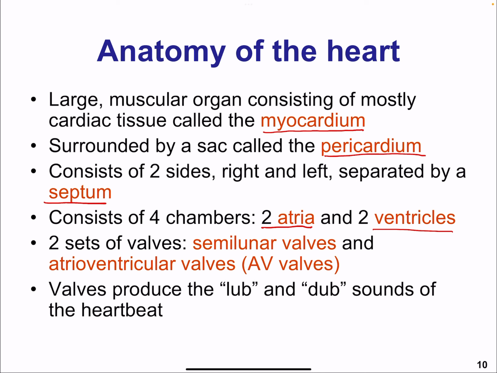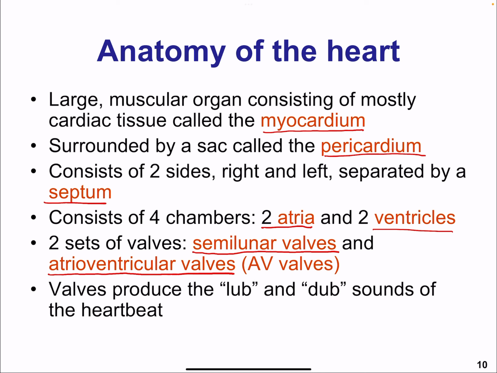Between the atria and the ventricles, you are going to have some valves. These valves are called the atrioventricular valves. Atrium, ventricle, and valves, right? And now, leaving the heart or coming into the heart, you are going to have two valves. These valves are called the semilunar valves.